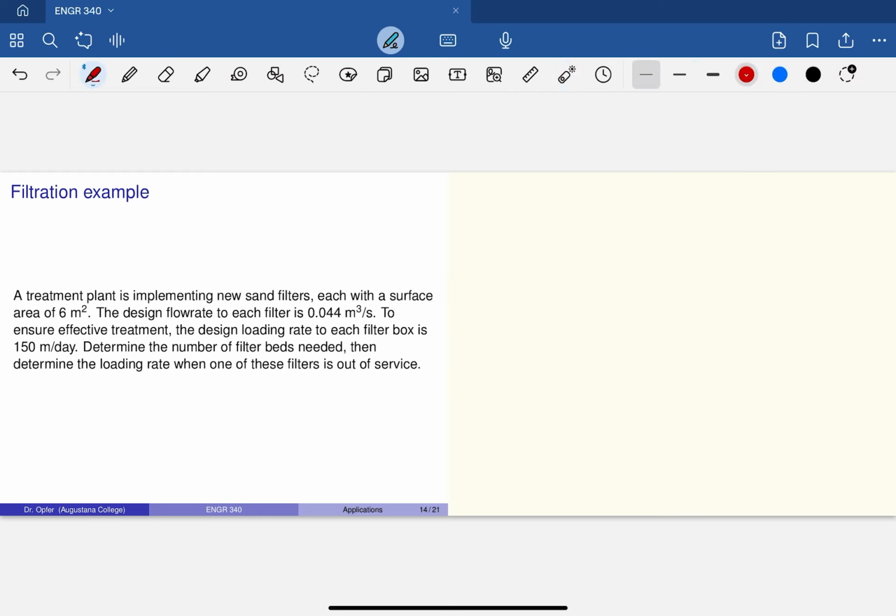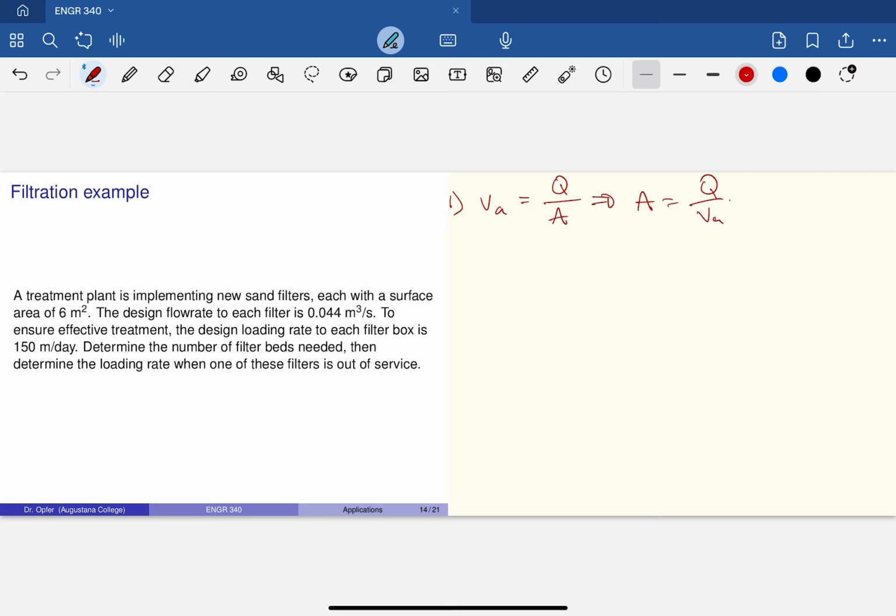then determine the loading rate when one of these filters is out of service. Okay, so first step, we want to find the total surface area needed, given a design loading rate of 150 meters per day. So we know that the loading rate is equal to the flow rate over the total area. So this tells us that the area we need is Q over the loading rate.